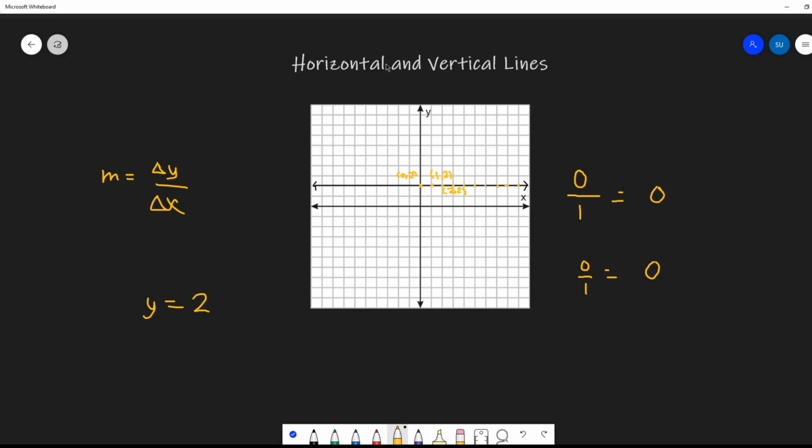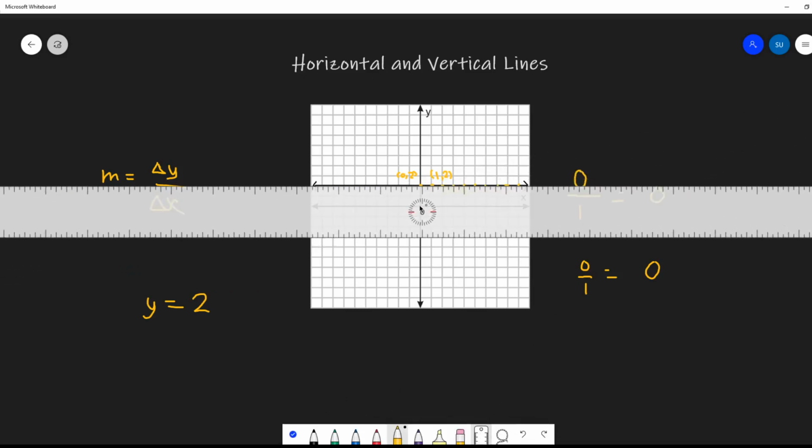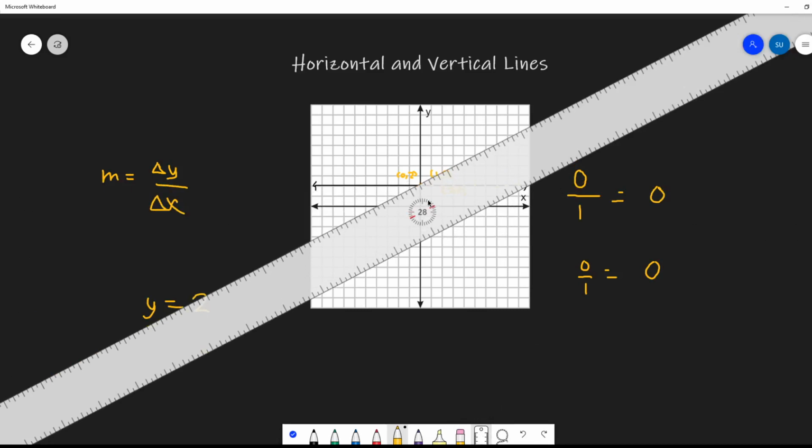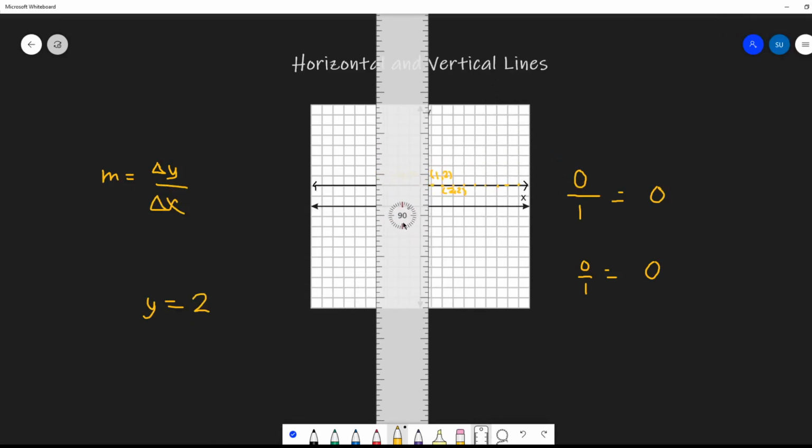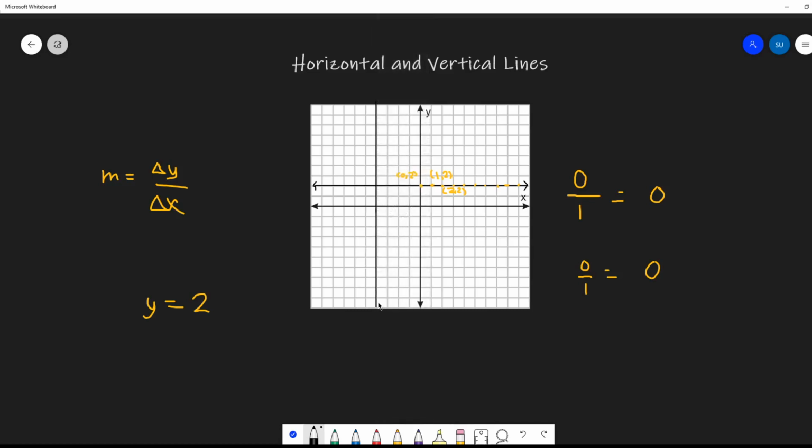Now, if we look at vertical lines, you'll see something similar, but also something very, very different. So let's draw one right here. We'll put it at x equals negative, I'm not sure what that is. We'll see after we draw it. Okay. So this is at -4. And it's really the same rule when it comes to the equation.